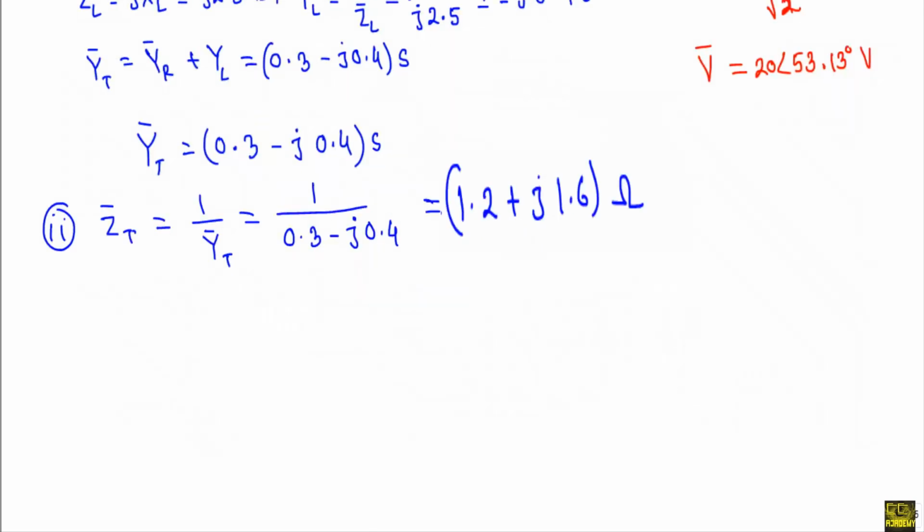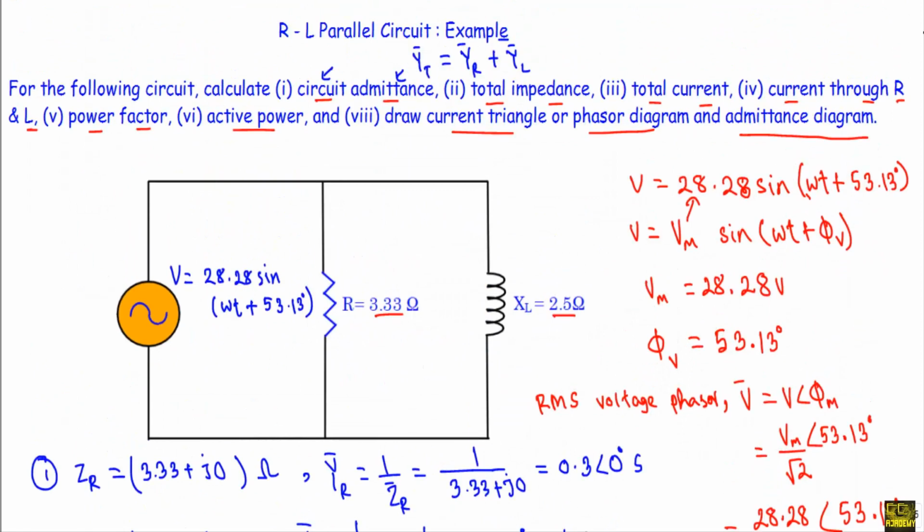After finding the total impedance Z, we have to calculate the total current I in the circuit. The total current I is the current that is flowing through this path. We have to find the current through the resistance R. Let's say I will denote that current with IR and this current with IL.